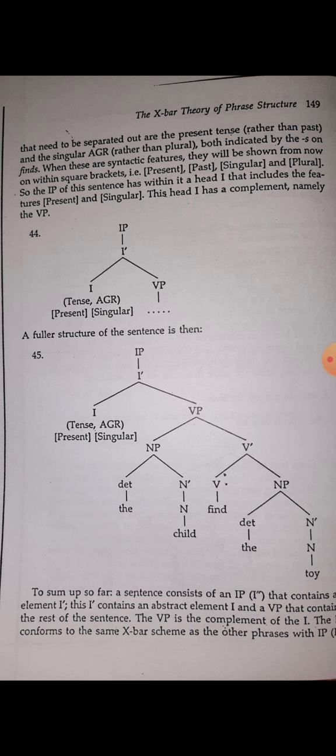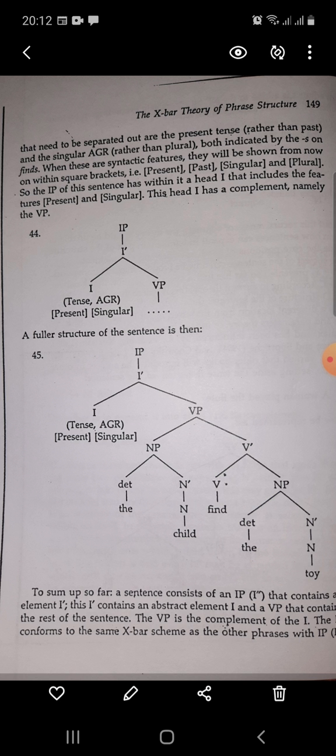So these aspects should be there. You are supposed to analyze 5 sentences, and all sentences must come from different lexical categories. A few of them must contain noun phrases, a few of them must contain verb phrases, a few of them must contain prepositional phrases, and they must also contain adjective phrases.